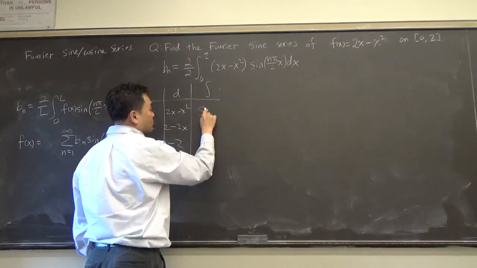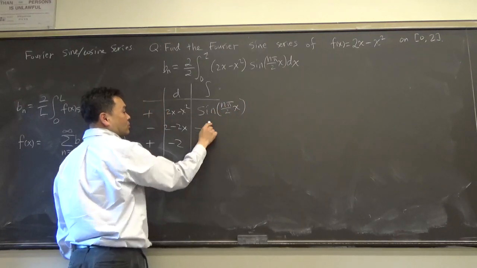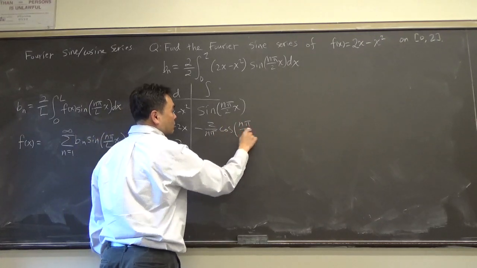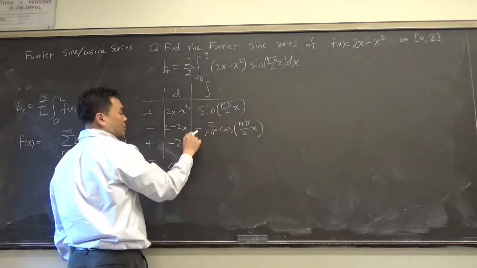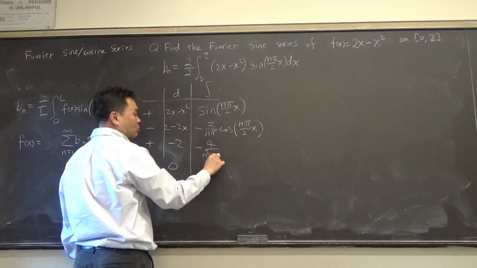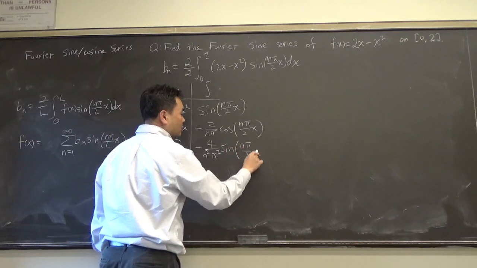Then the integral of sine(n pi over 2 x) will be negative 2 over n pi cosine(n pi over 2 x). And then the next one will be negative 4 over n squared pi squared sine(n pi over 2 x).